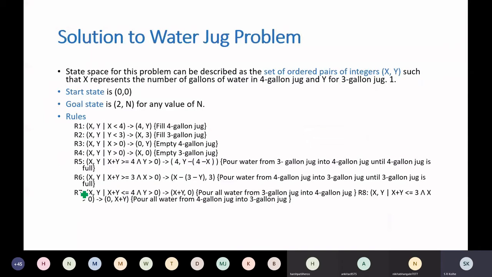Now what does R7 say? (x, y) such that if x plus y is less than or equal to 4, and this is an and sign, y is greater than 0.